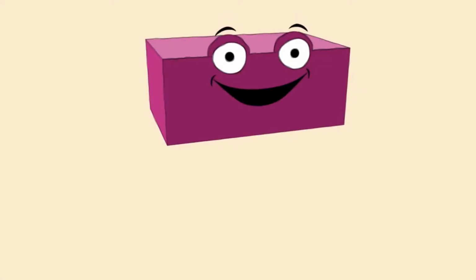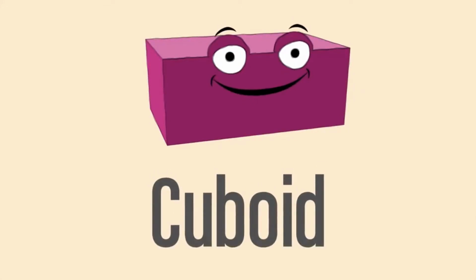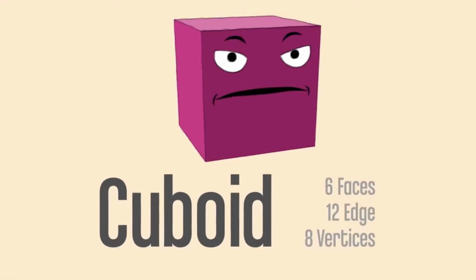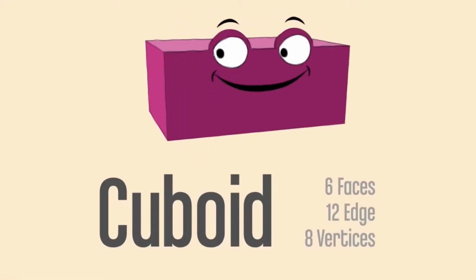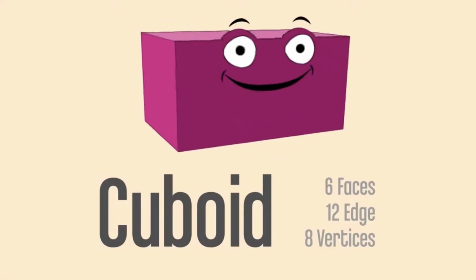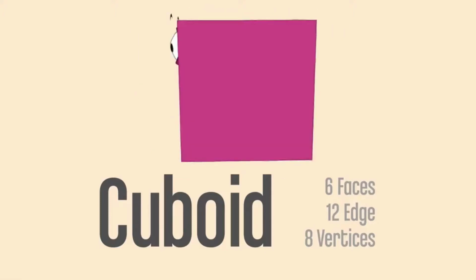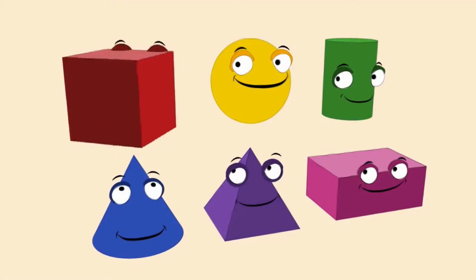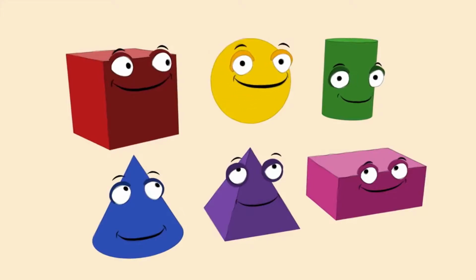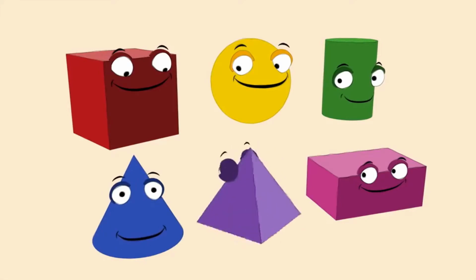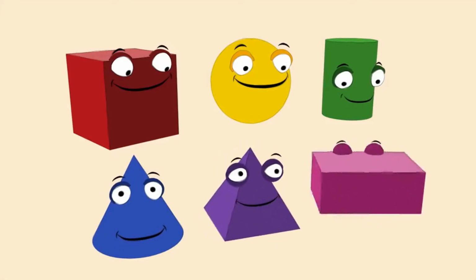I am a cuboid, 6 faces just like a cube, but my faces are rectangles, or 2 of them could be square. We are the 3D shapes, cube, sphere, and cylinder, cone, pyramid, and cuboid.